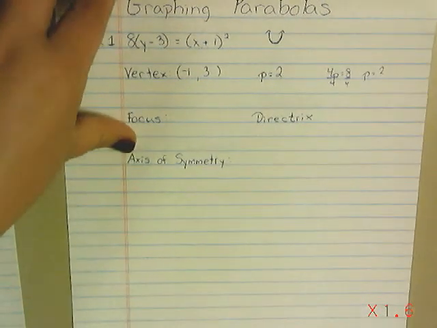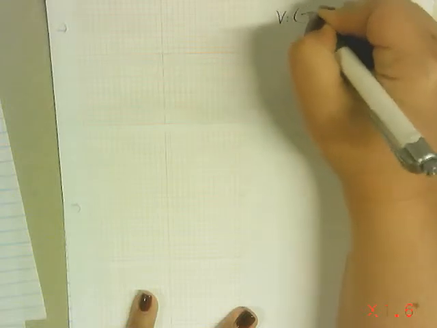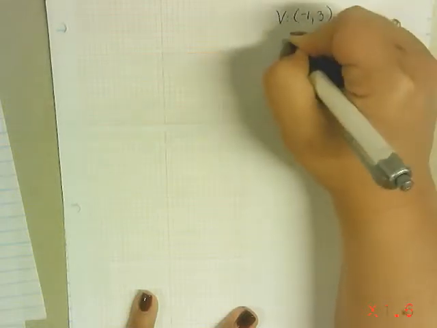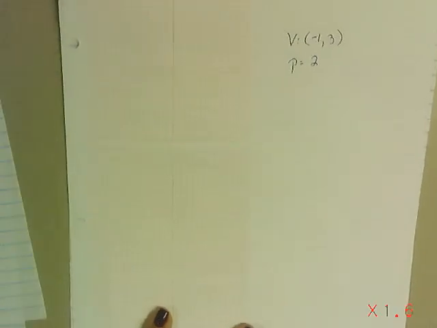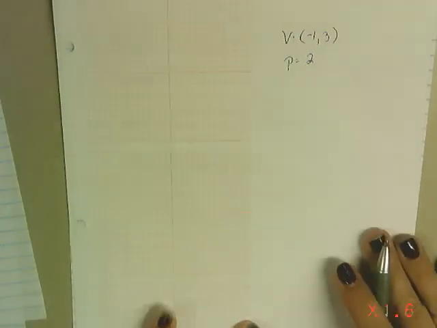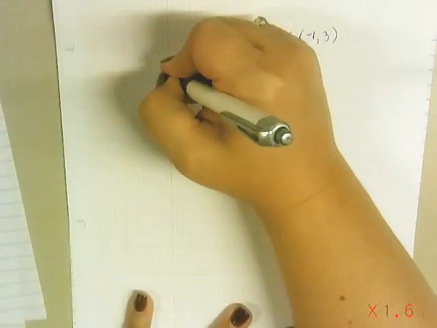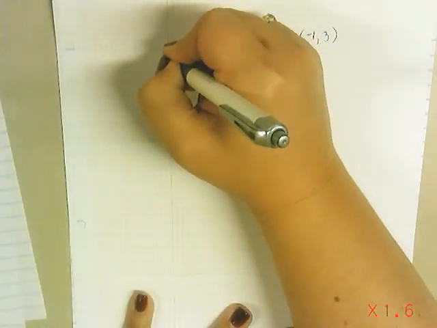Save that thought for when we go over here to graph this. Okay. So far I know that I have a vertex at -1, 3, and I know I have a p-value of 2. Okay, so I plot my vertex, -1, 1, 2, 3.